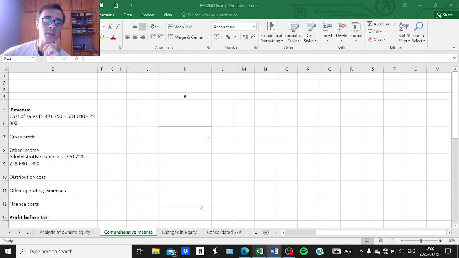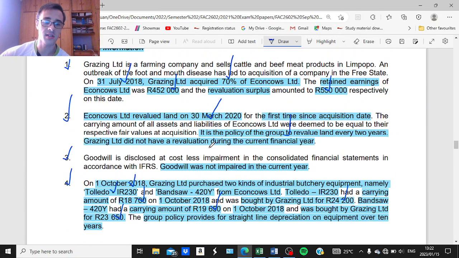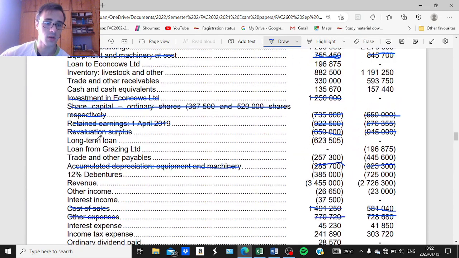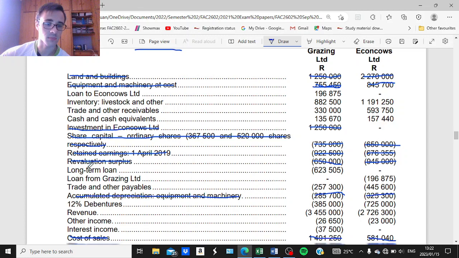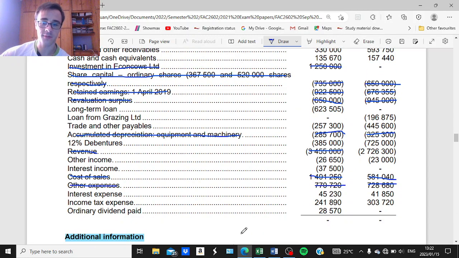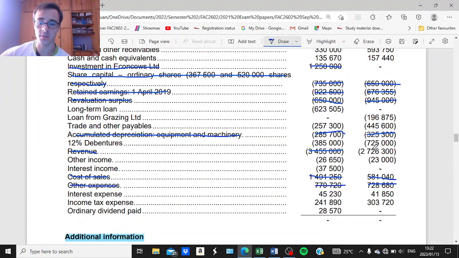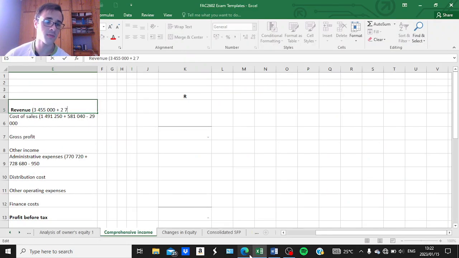So we will debit revenue. Let's start with the amounts given in our trial balances. So it will be revenue 3,455,000 for the parent, plus the amount for the subsidiary, which is 2,726,300.